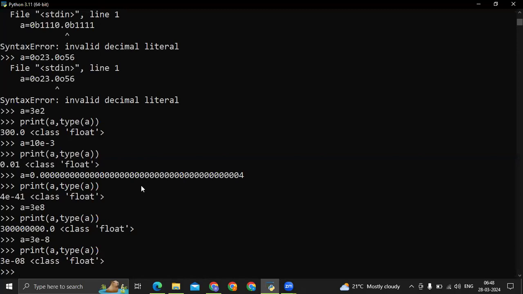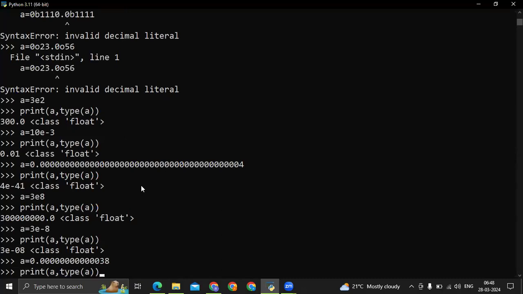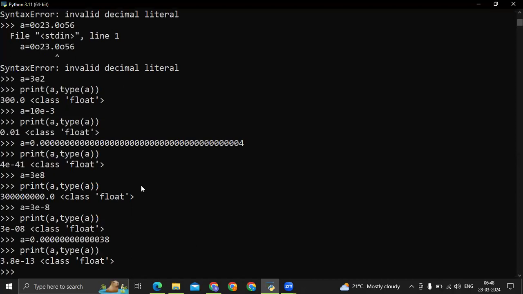Now, in case I write A is equal to 0.000...38 and print A, it shows 3.8E minus 13.